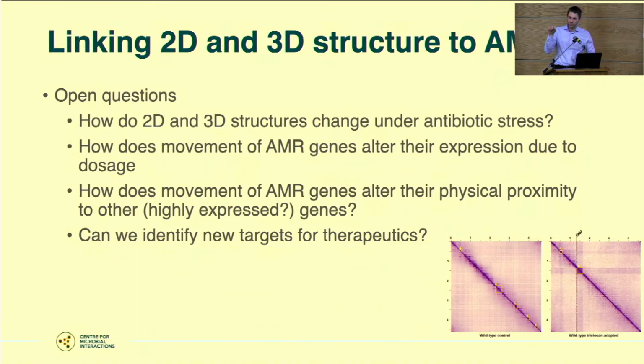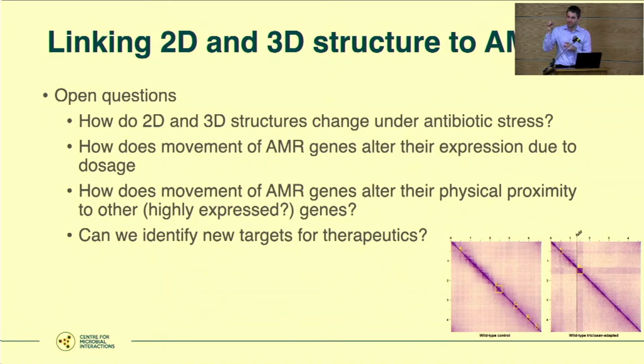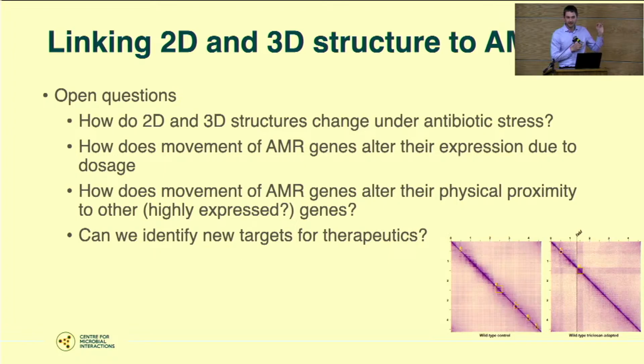They don't have to move to different parts of the cell to express different genes involved in the same pathway. So is that linked? Is there something similar with AMR? And given all of this, and given the importance it seems to have, does that mean we can identify new targets, new ways that we can think about disrupting some of these cellular processes that are specific to bacteria that we can use therapeutically?